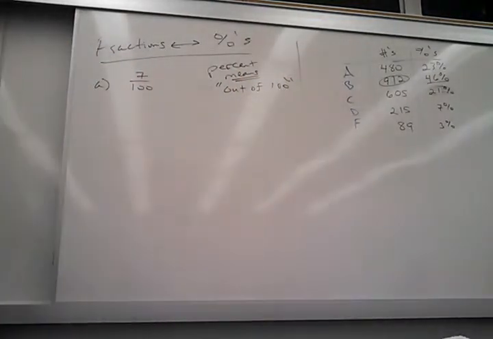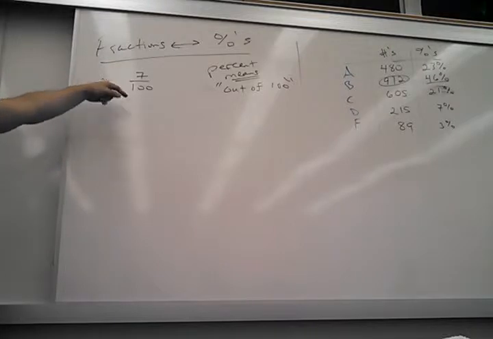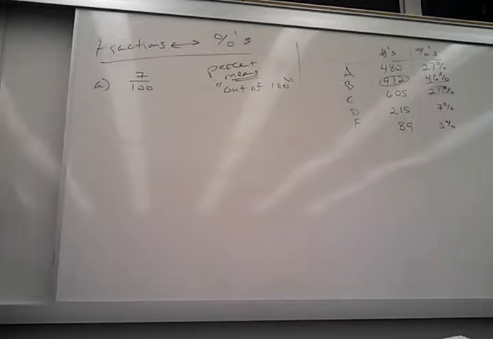So when I say 25%, that means 25 out of 100. So when I say 7 out of 100, that means 7%. Percentage is really just taking that over 100 out of the equation, so it makes it into a number I can relate to better.